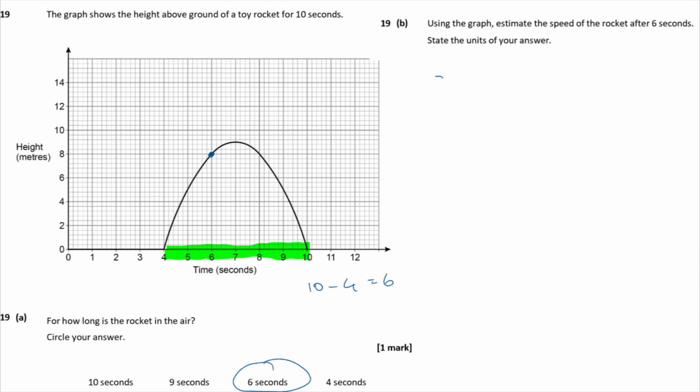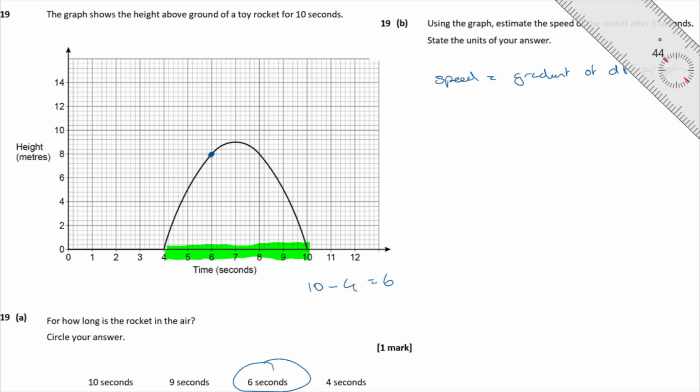So speed is equal to the gradient of the distance-time graph. But we have got a curve, and finding the gradient of the curve is a little bit more tricky than the gradient of a straight line.